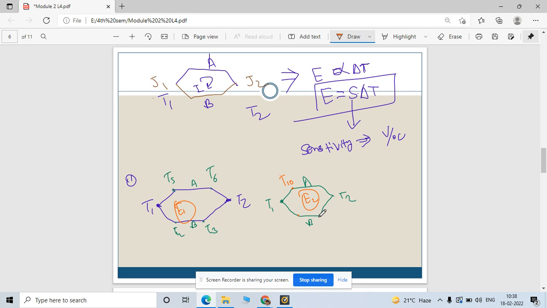Let's say these are different temperatures, right? So I consider T7, T8, T9. Then you can say that the potential created with this first circuit and the second circuit is almost equal. Okay, so this is the first law.